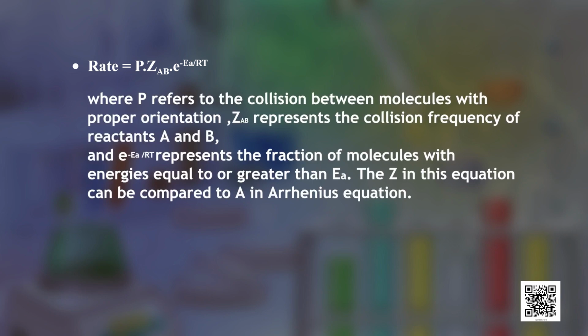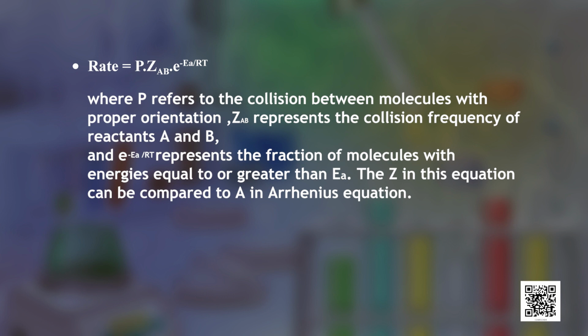The rate constant for a simple bimolecular reaction as predicted by collision theory is k equals P multiplied by ZAB multiplied by e raised to the power minus EA upon RT, where P refers to the collision between molecules with proper orientation, ZAB represents the collision frequency of reactants A and B, and e raised to the power minus EA upon RT represents the fraction of molecules with energies equal to or greater than EA.